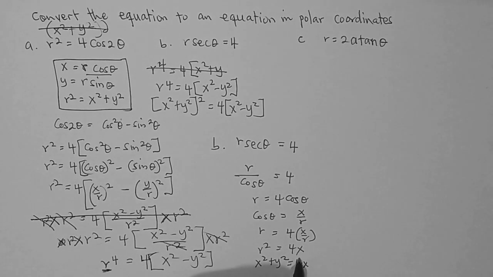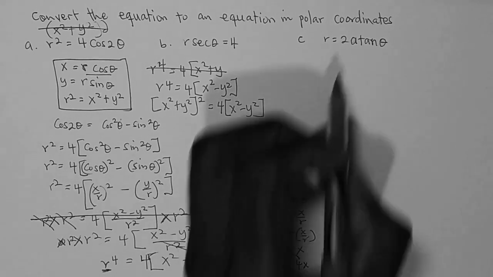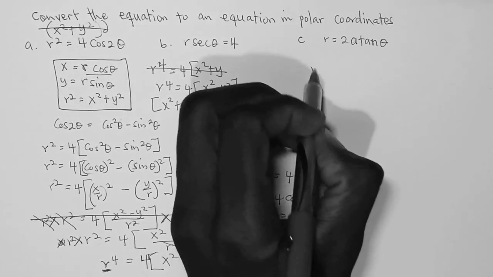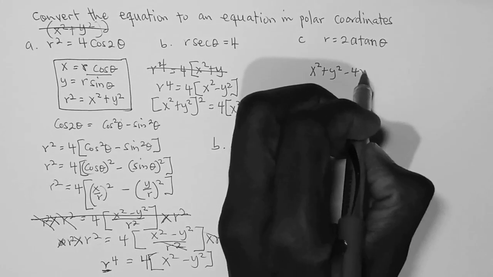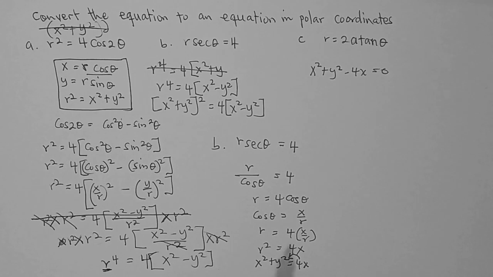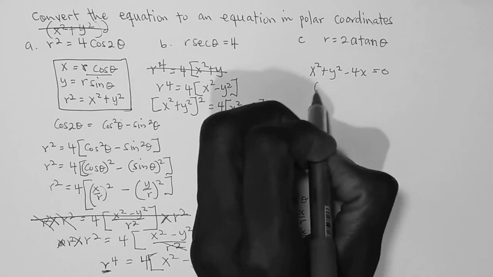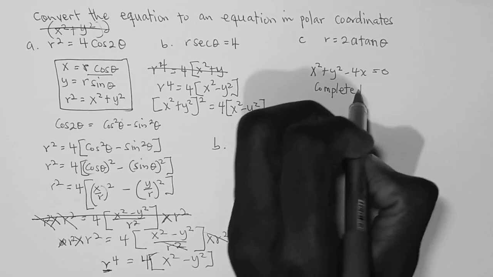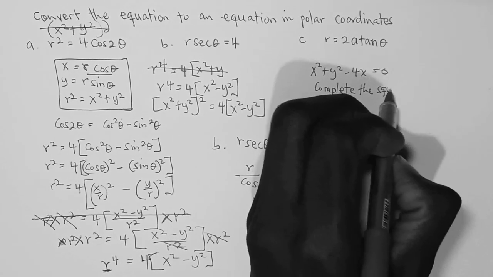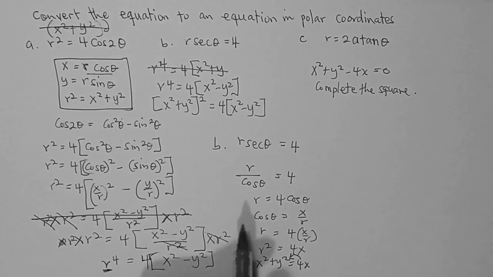So if we bring 4x to this side of the equation, x squared plus y squared minus 4x is equal to 0. Now, all we can do is complete the squares. So let's use completion of squares to do this.